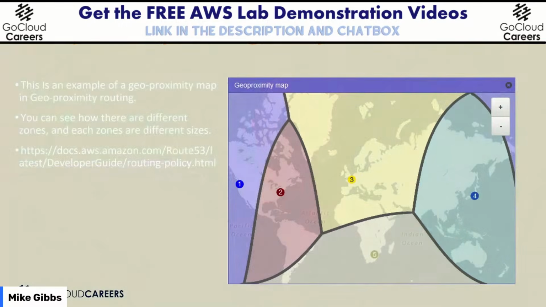And you get to determine what that is. So it's a unique one. You've got these geo-proximity maps, showing which part of the world is which. And you could make region 2 bigger or smaller, and that's how it's going to route your traffic. Hope that makes sense.